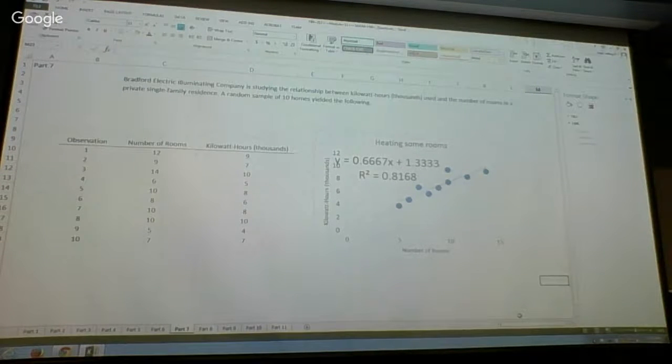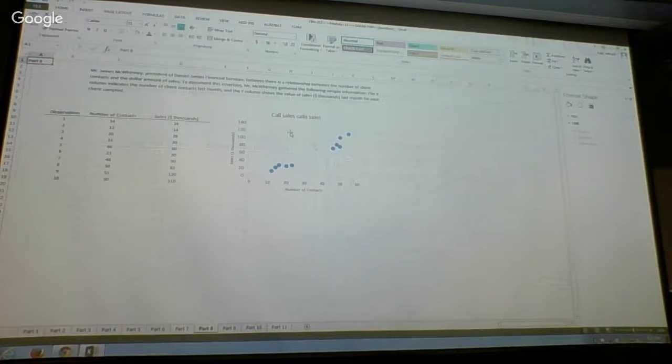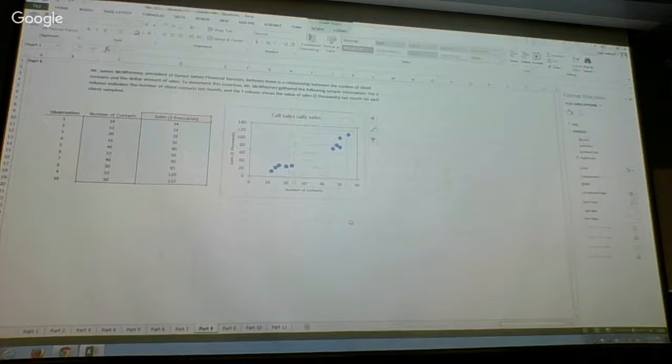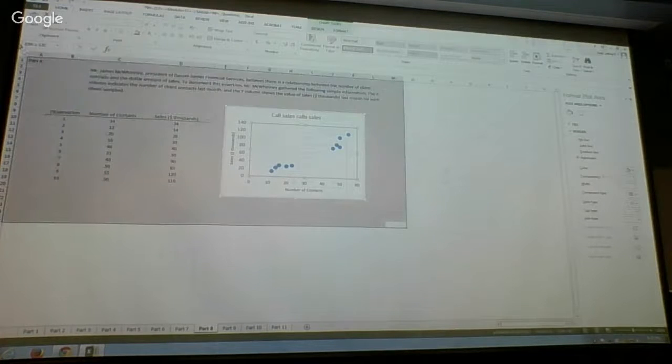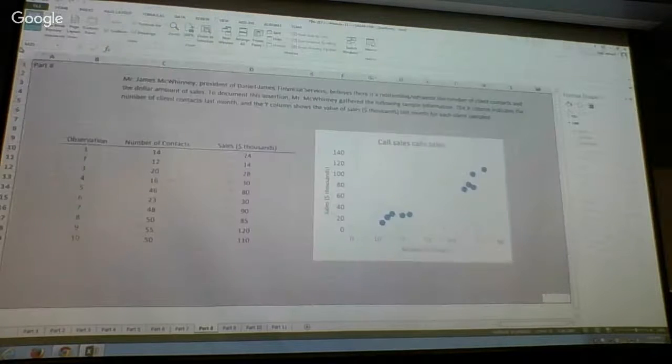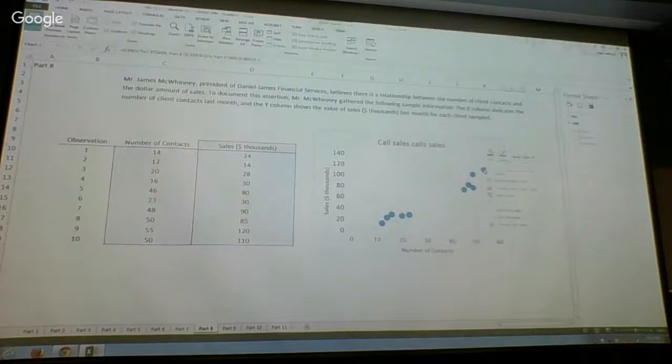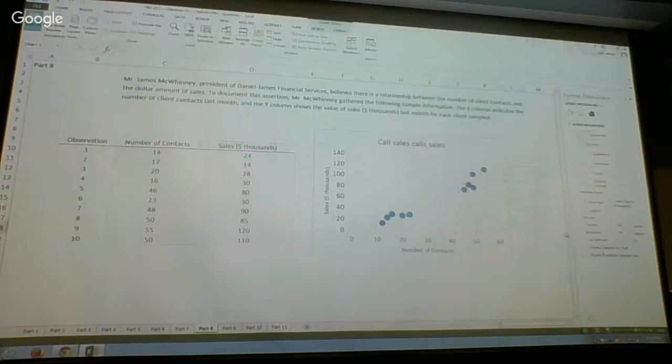Part 8. Pick up. Oh, it would have been better had I zoomed in to begin with. I'm going to click on this and add the trend line while I'm over here. If y'all don't mind.